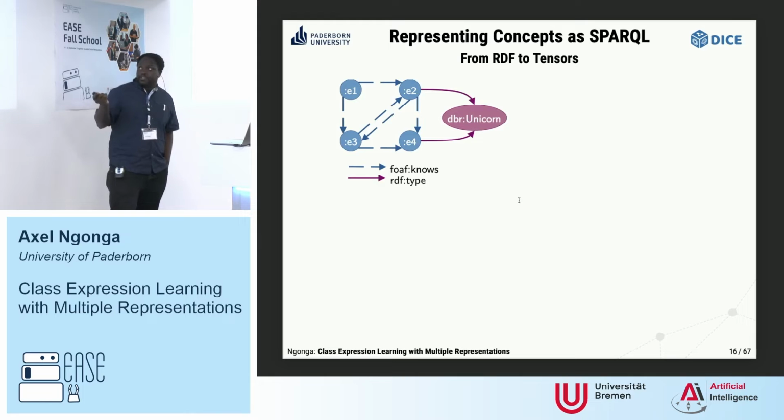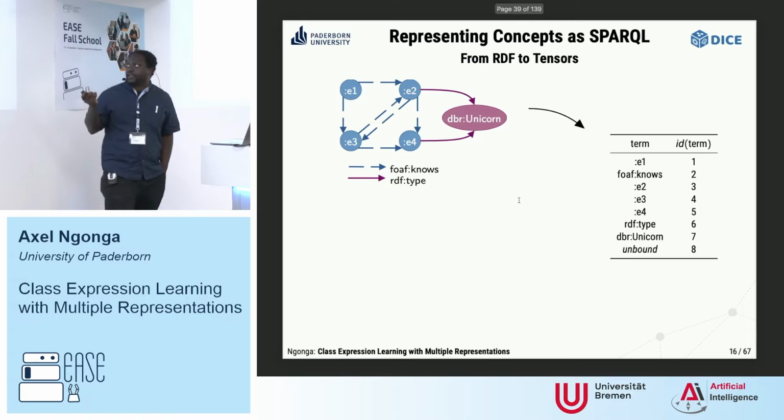Imagine that we have this particular knowledge graph. So we have a bunch of entities, E1 to E4. Two of these entities are unicorns, and the relations which we have are both knows. So basically, for example, E1 knows E2, and the type relation which basically tells us that E2 is a unicorn. So this we can obviously transform.